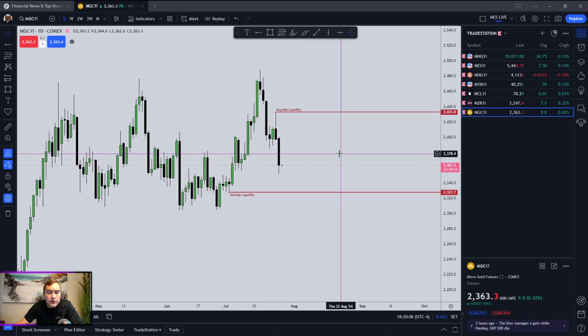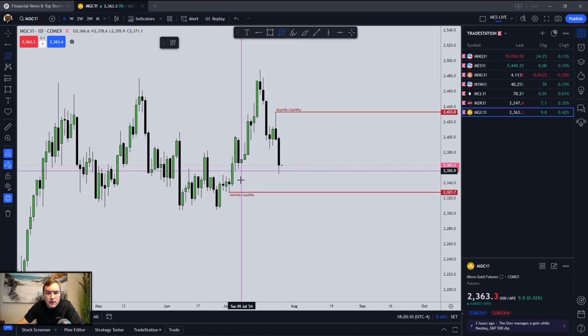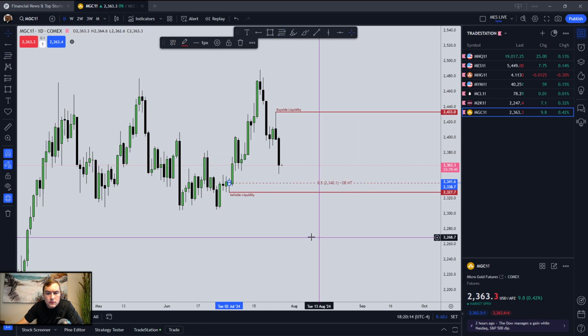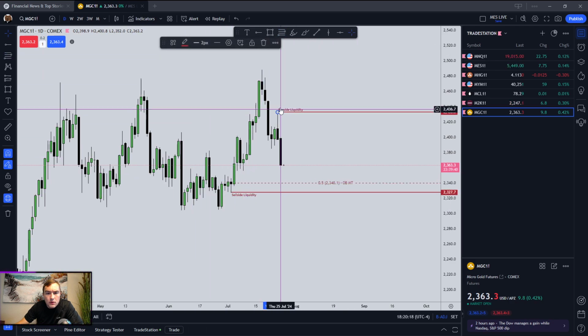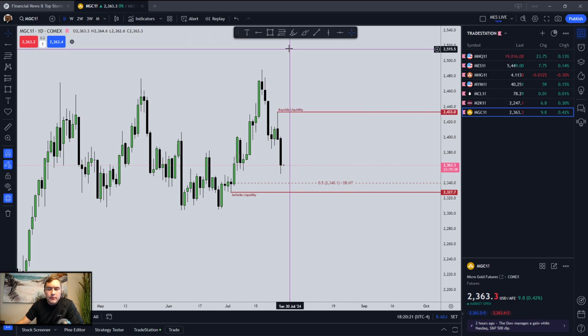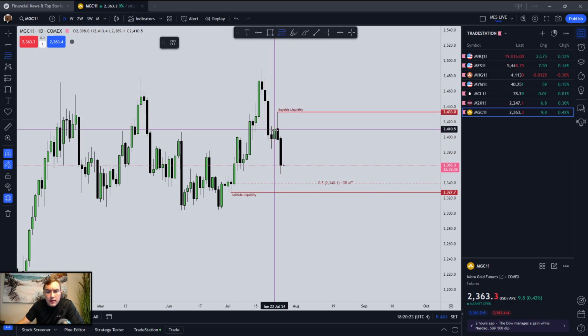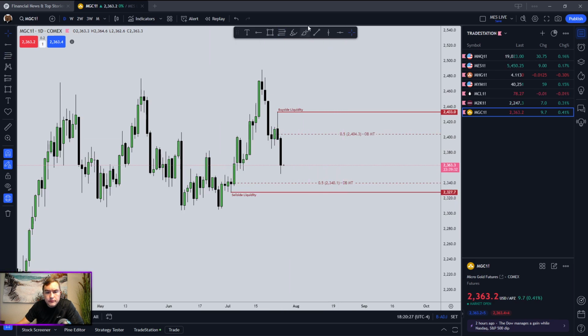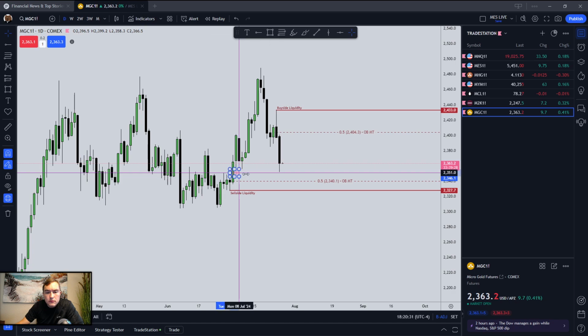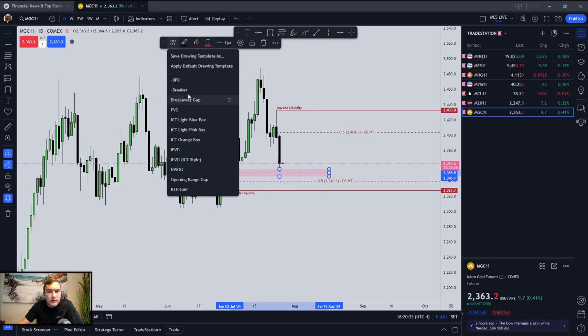What I'm currently doing, guys, is adding on some ICT levels, some levels that I would be looking for from an ICT perspective.